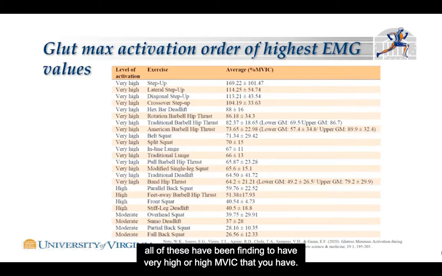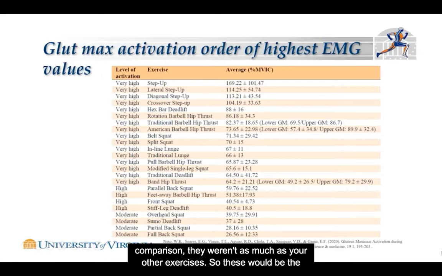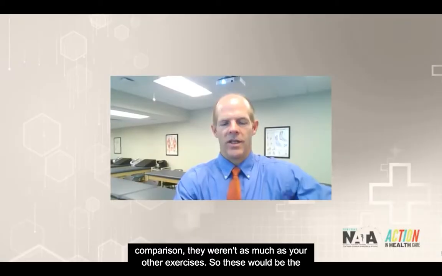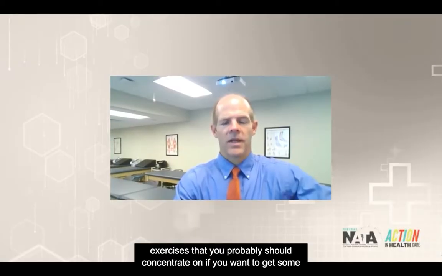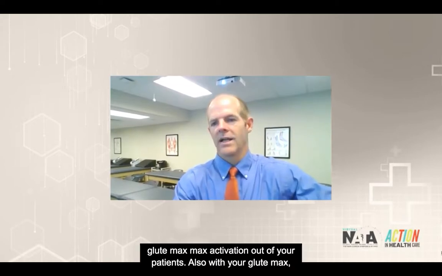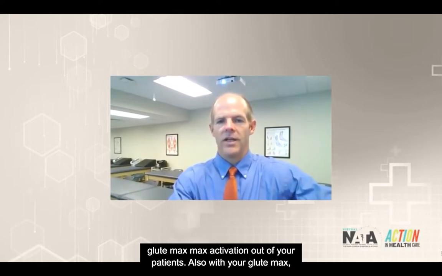All of these have been found to have very high or high MVIC. Interesting down here are your squats. They're very low. He said moderate, but in comparison, they weren't as much as your other exercises. So these would be the exercises that you probably should concentrate on if you want to get some glute max activation out of your patients.